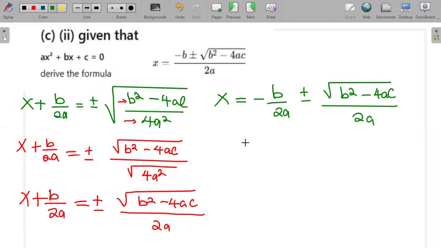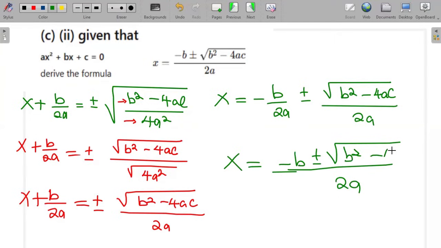All right, so we see that the denominators there are the same. So it means that a common denominator is 2a. So this guy into there, 1 multiplied by that, I still get minus b, plus or minus, 2a into this, 1 multiplied by that, I still get root of b squared minus 4ac.